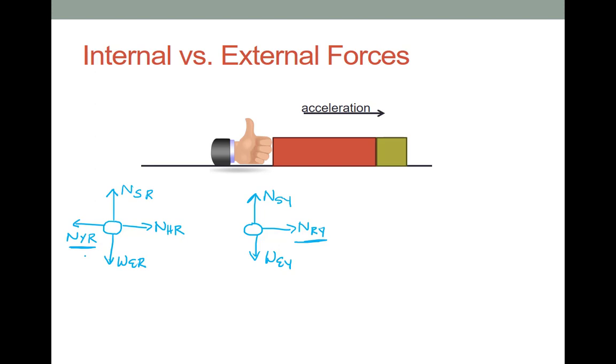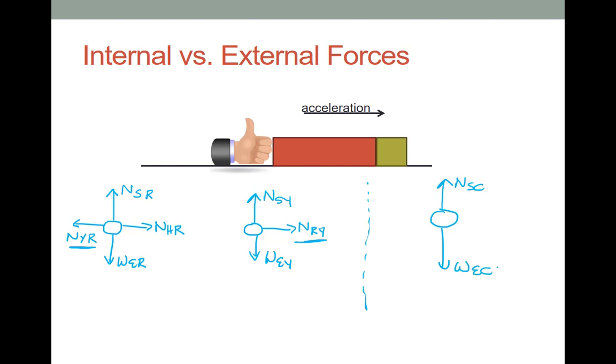Now, pretend you thought these were two separate blocks, but unbeknownst to you, they've been glued together. So instead of being two, it's actually one. Well, if we think about this as one object, what do we have? We have a normal from the surface on the combined object.